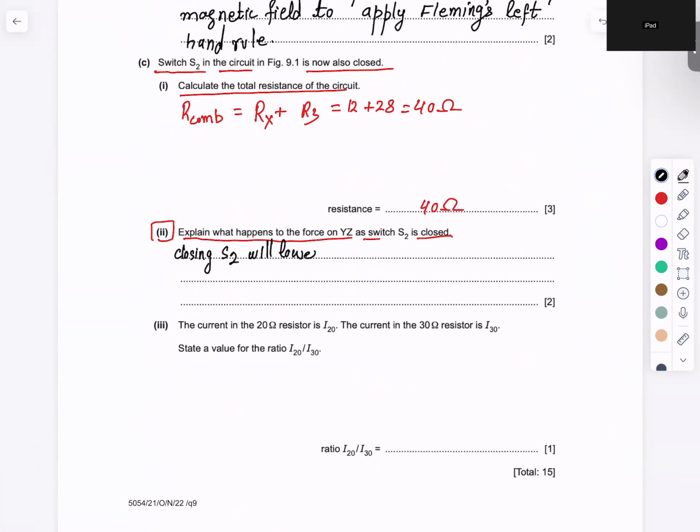Closing S2 will lower the combined resistance as it will bring a resistor in parallel. When you apply a resistor in parallel, the resistance will decrease.